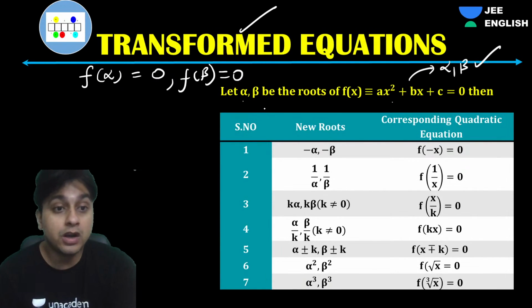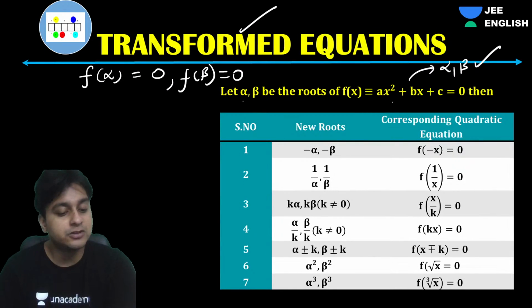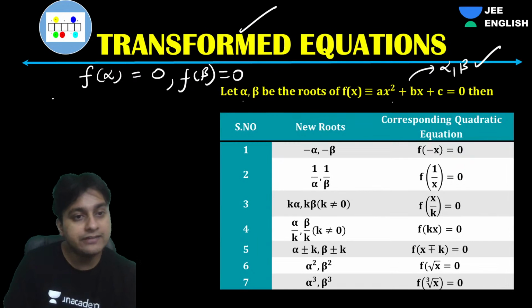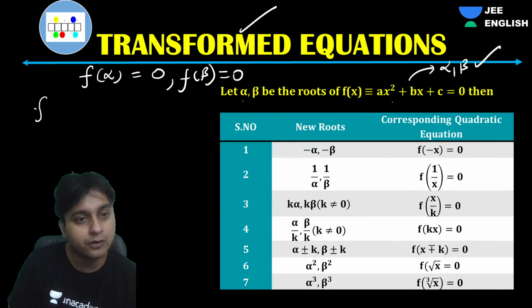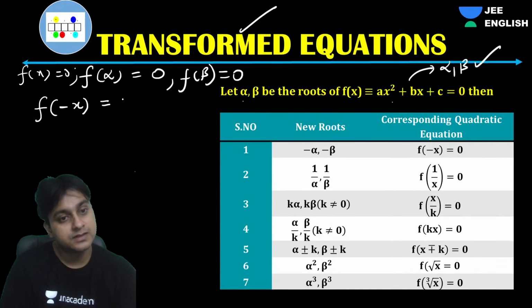Now guys, we want an equation whose roots are minus alpha, minus beta. So what I do in that scenario is, I take an equation like, because here it was f of x equals 0, I am saying that the equation will be f of minus x equals 0. Why?